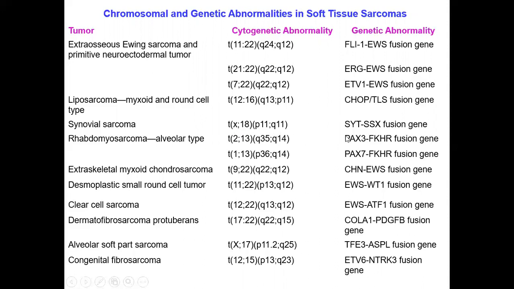The fusion gene is the SYT-SSX fusion gene. Similarly, there are different translocations in different types of soft tissue sarcomas.